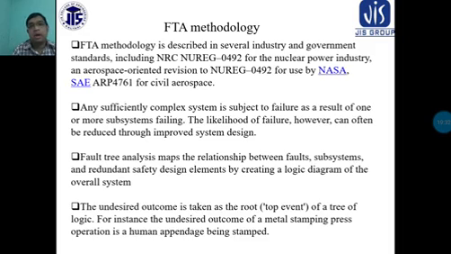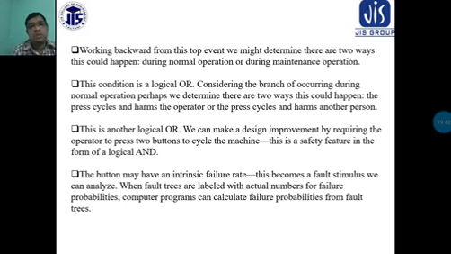You can consider working backwards from this top event.